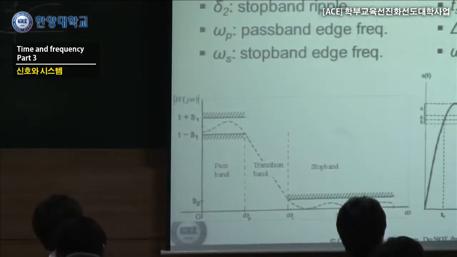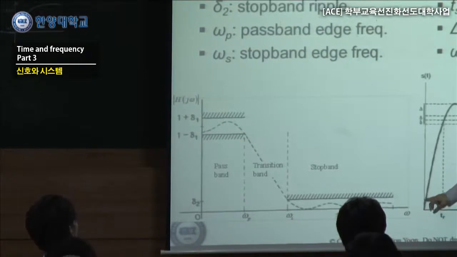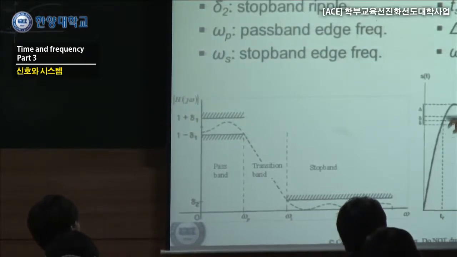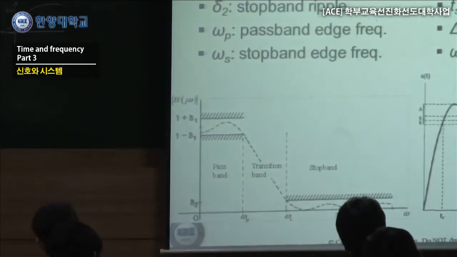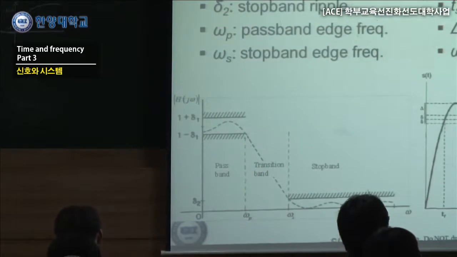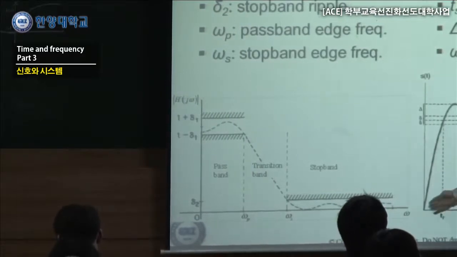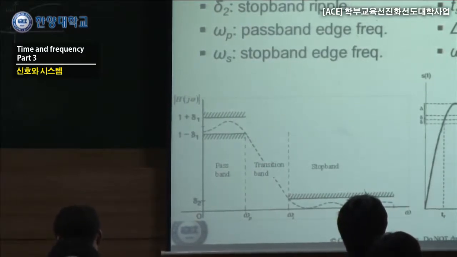But rise time here means they start from here and go to a certain value. Ideally, we define it as the time they first hit the settle down point, the time we want to rise.